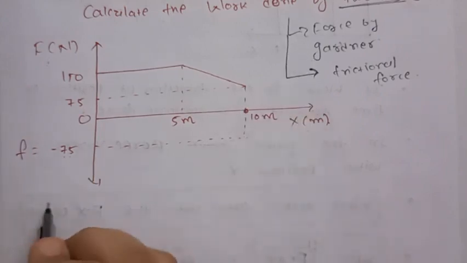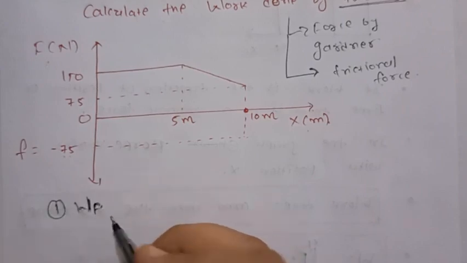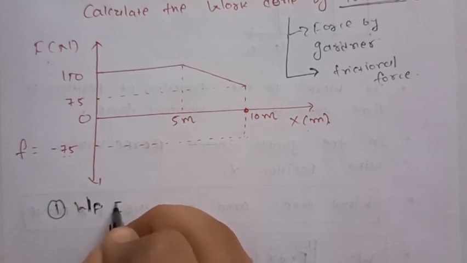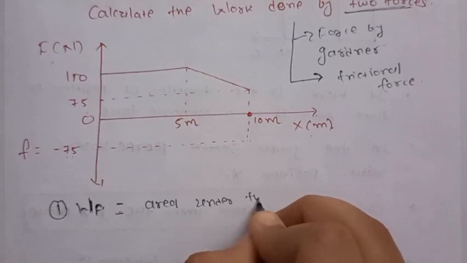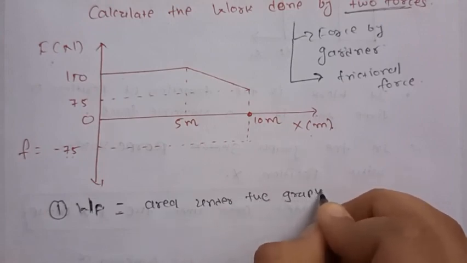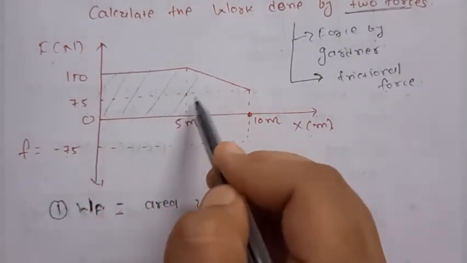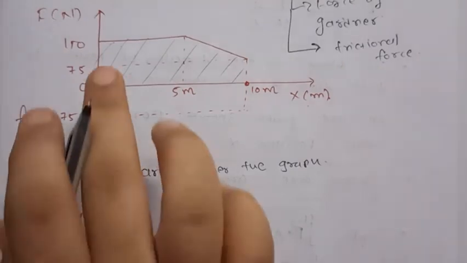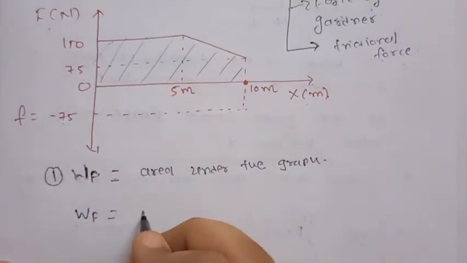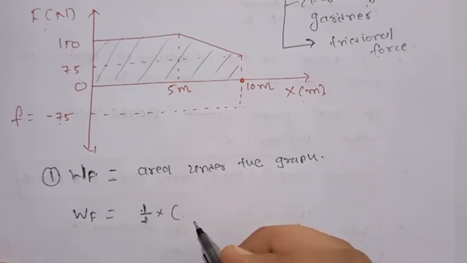First of all, we will find the work done by the force applied by the gardener. The work done is the area under the graph. So in this case, we have to find this area. So work done by F will be equal to, this area is a trapezium. So area of trapezium is half into sum of parallel sides.